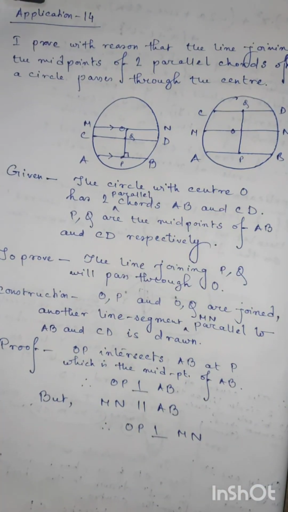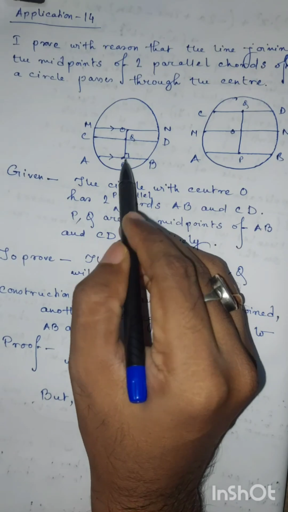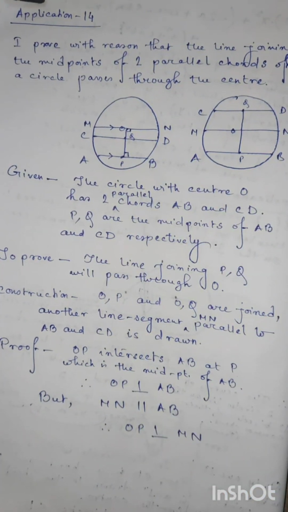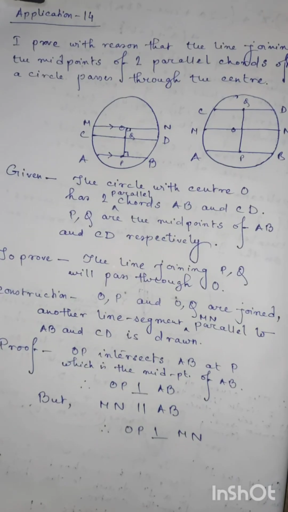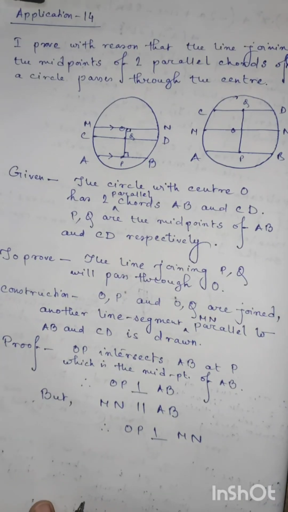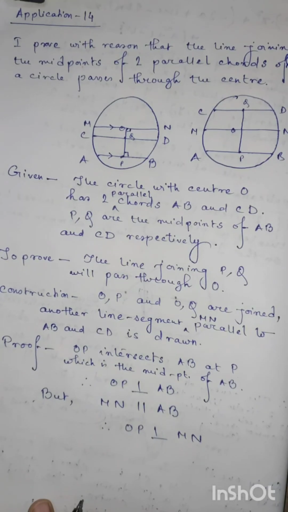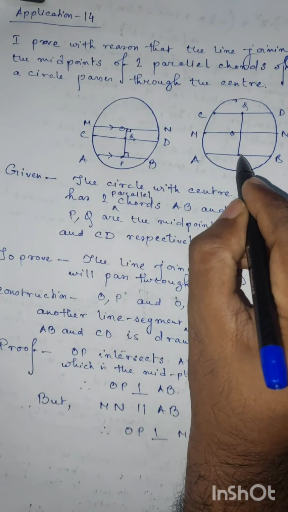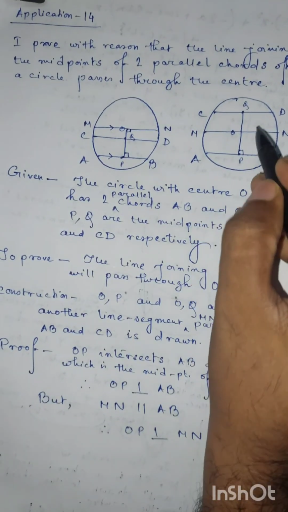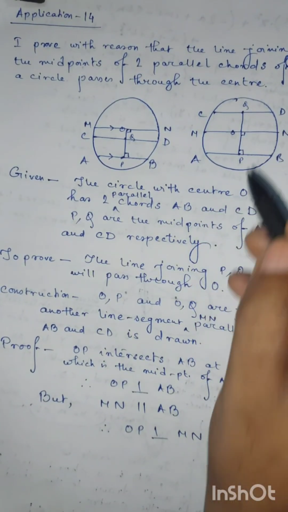That is why if this angle is 90 degree, this angle will also be 90 degree. Okay. So OP is a perpendicular to MN.